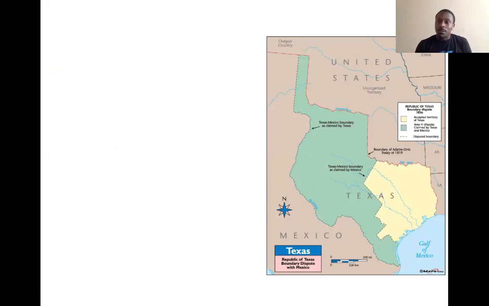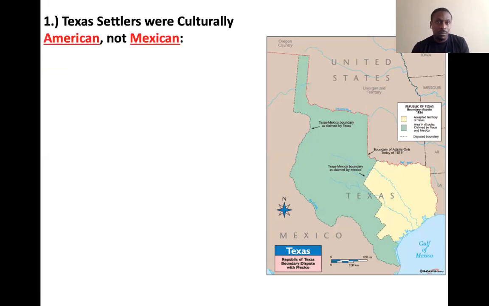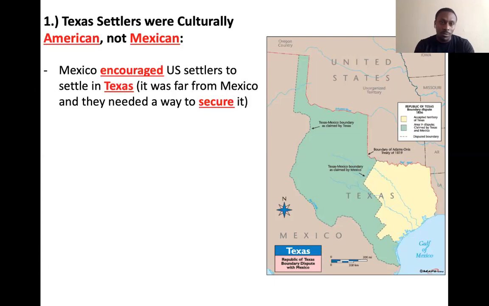And most of the Texas settlers lived closer to the American border and were attracted to the American Republic. So Texas settlers were culturally American and not Mexican, even though they fell within the border of Mexico. This is the first factor that contributes to Texan independence.